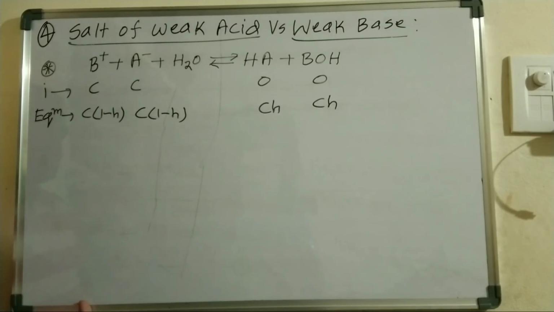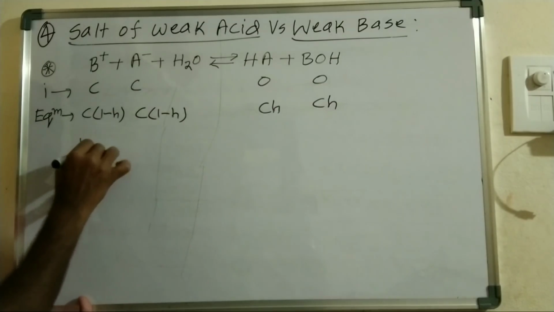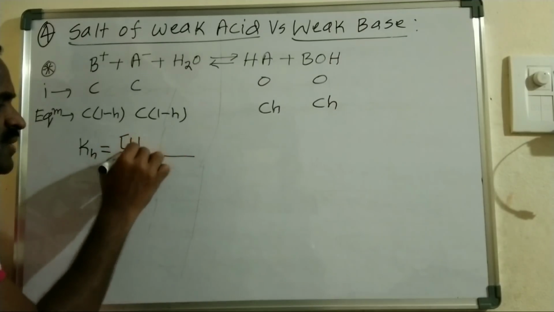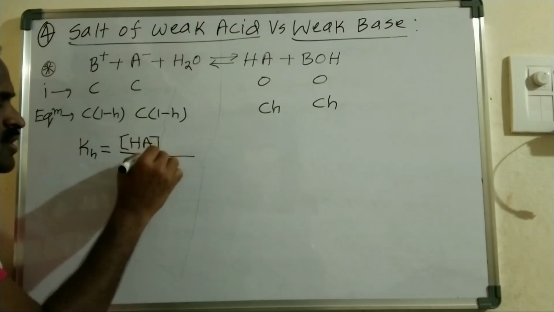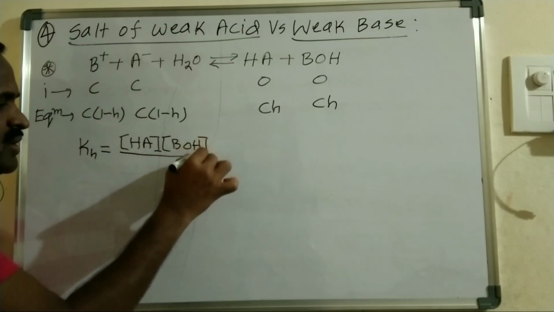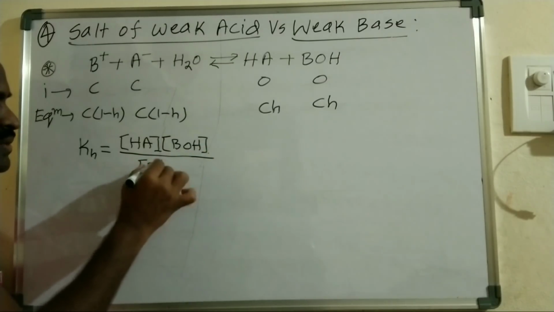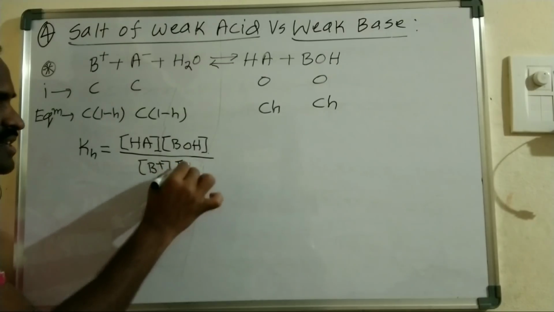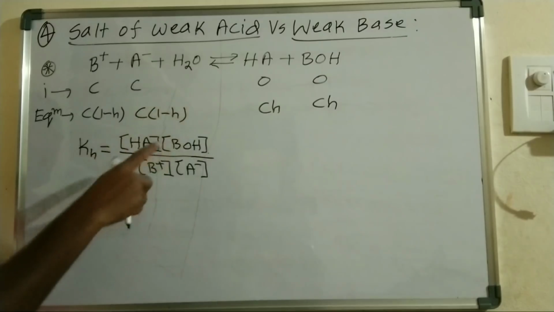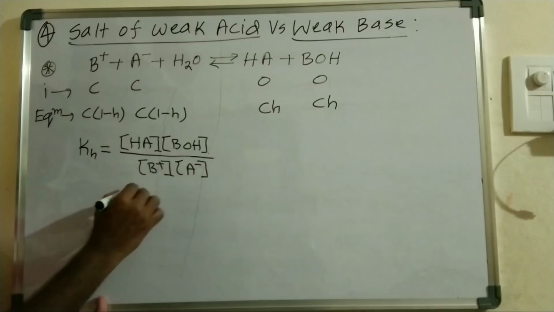According to the law of mass action, you can write down the hydrolysis constant for the above equilibrium reaction. I can write it as the concentration of HA into the concentration of BOH, divided by the concentration of B plus ion into the concentration of A minus. You can substitute the concentrations of HA, BOH, B plus and A minus in the above expression.